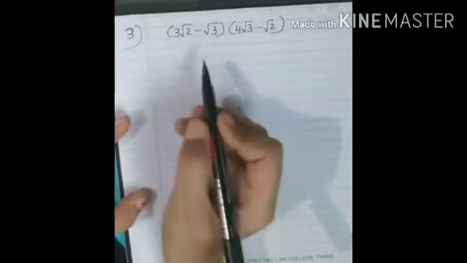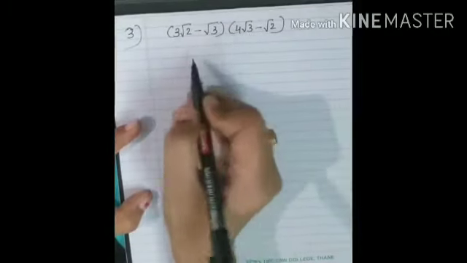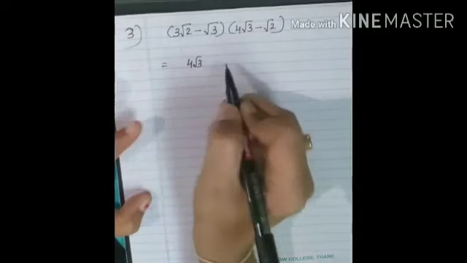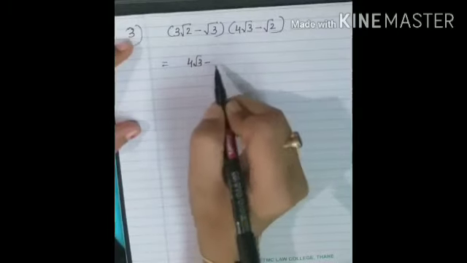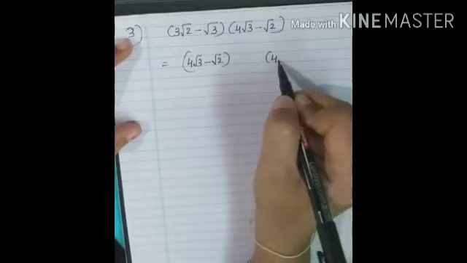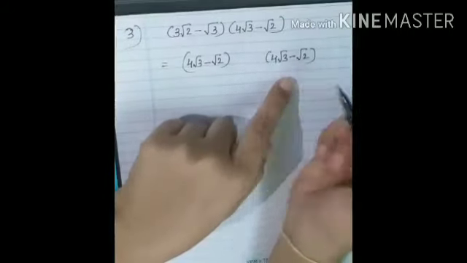So what we have to do, any one bracket you have to take 2 times. So I am taking the second bracket 2 times: 4 root 3 minus root 2, 4 root 3 minus root 2.